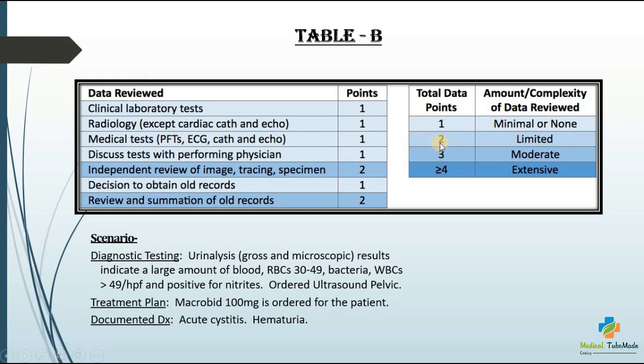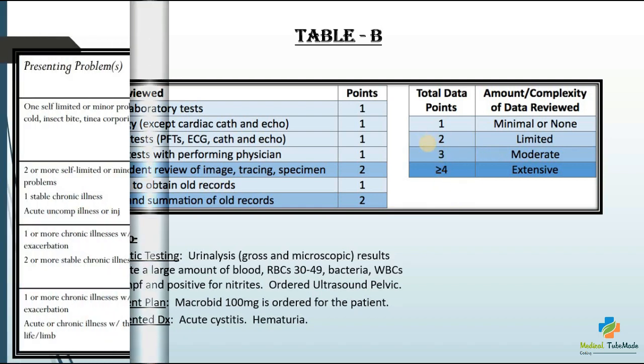So 2 points for amount and complexity of data reviewed means your table B is limited. So understood? Like that only we have to count points, and after that in that table you have to check whether table B is minimal, limited, moderate or extensive.